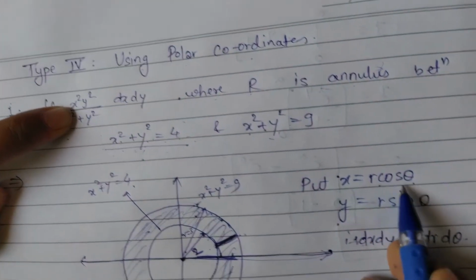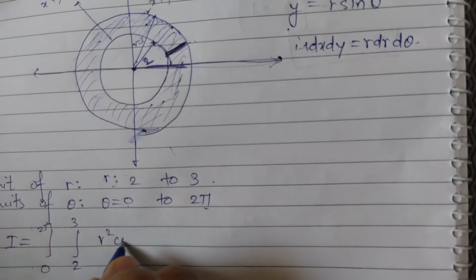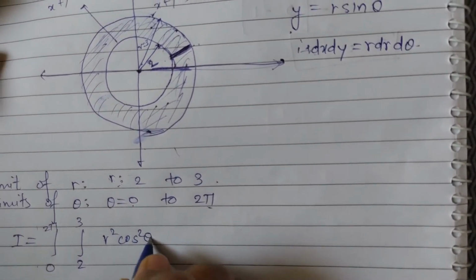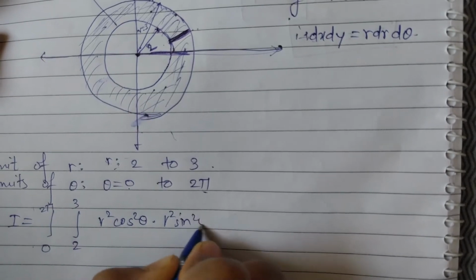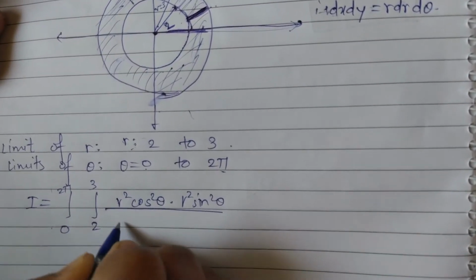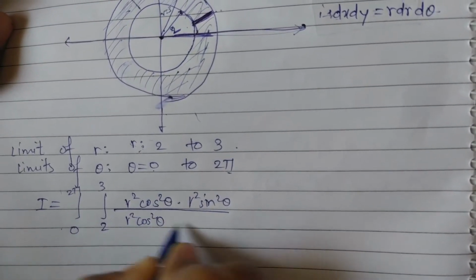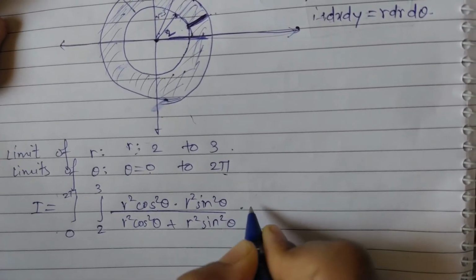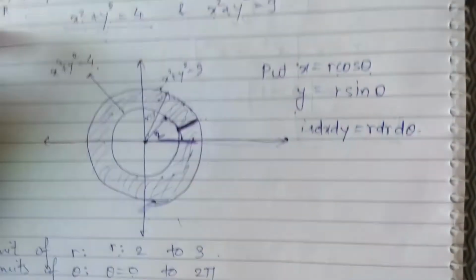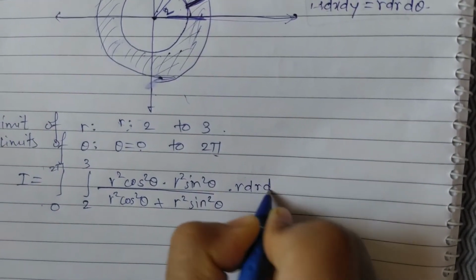What is x? r cos theta. So it becomes r square cos square theta into y square, r square sin square theta upon r square cos square theta plus r square sin square theta into dx dy, which is r dr d theta.